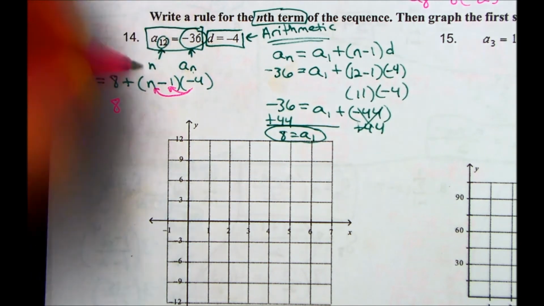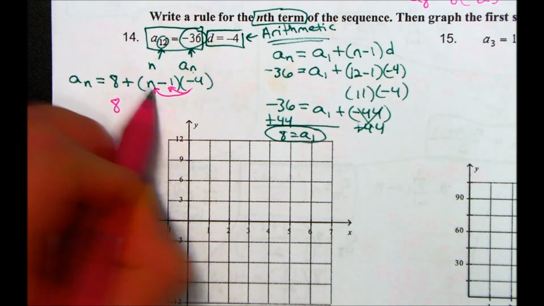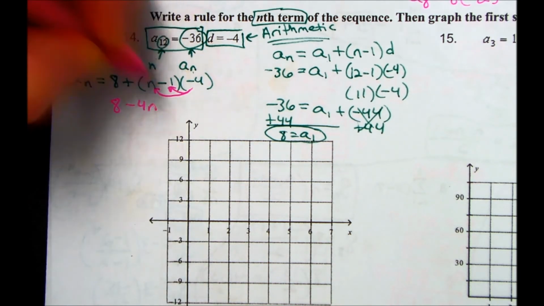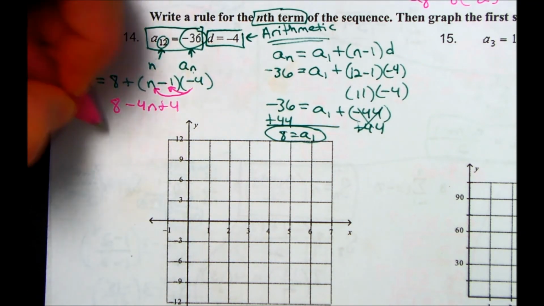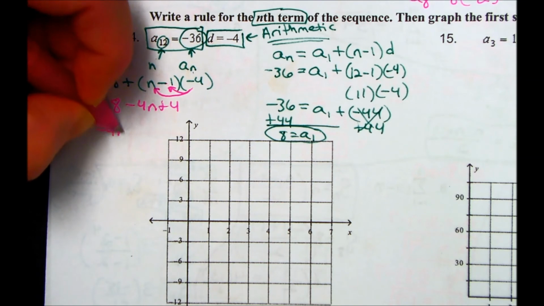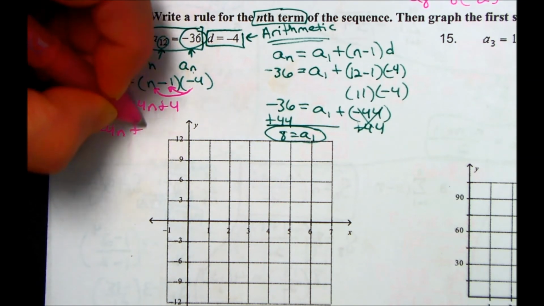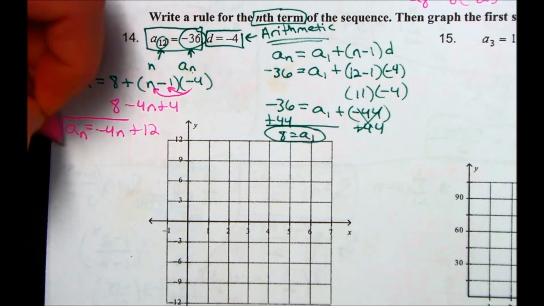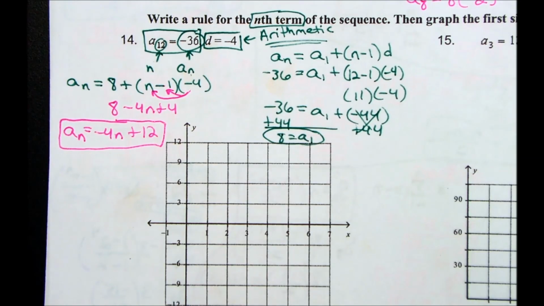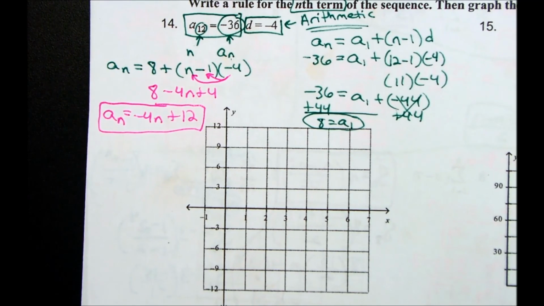Bring down your 8. The negative 4 times the n will be a negative 4n. Negative 4 times the negative 1 is going to be a positive 4. Put the negative 4n first, combine your like terms, and you'll get plus 12. So a sub n equals negative 4n plus 12. Okay, so there's our rule for the nth term of the sequence.